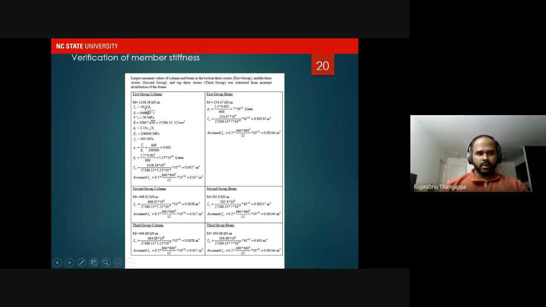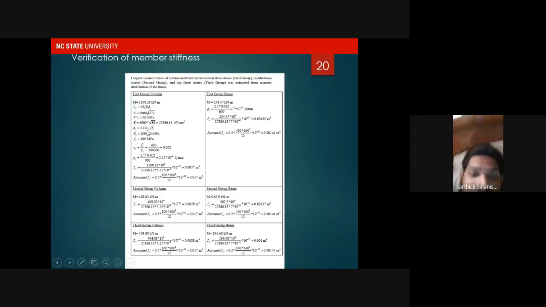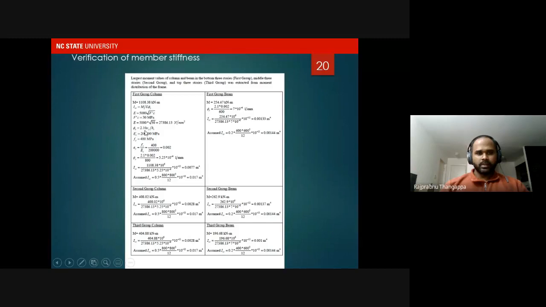As you know, the moment, the Young's modulus of reinforced concrete, and the yield curvature, the yield curvature is represented by the yield strain and the depth of the section. So we have all these parameters, and once we know the moment, we can calculate the cracked section stiffness, and we can compare it with the assumed stiffness.